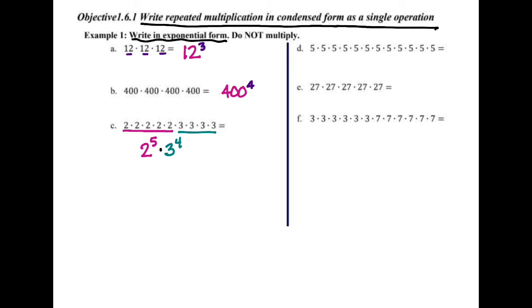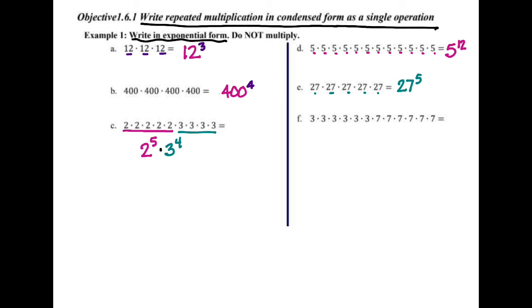Over on the other side, we have 1, 2, 3, 4, 5, 6, 7, 8, 9, 10, 11, 12 5's. So it's 5 to the 12th power. Now remember, it has to be multiplied. It can't be anything other than that. For E, we have 1, 2, 3, 4, 5 27's multiplied together.